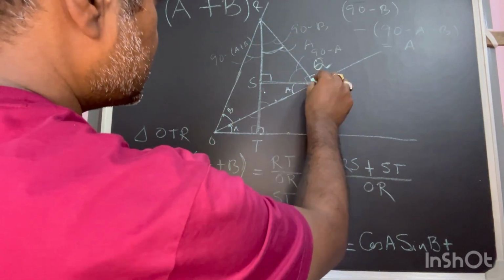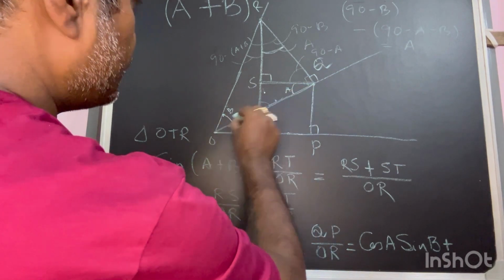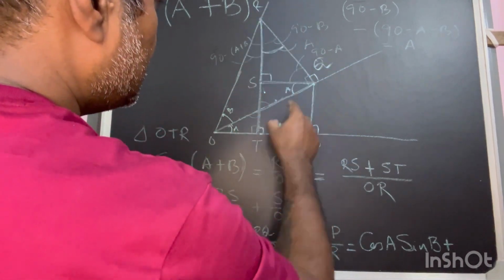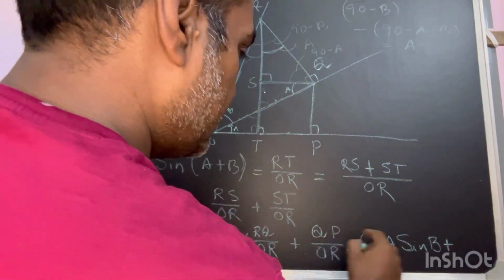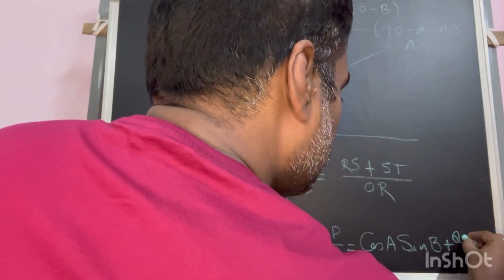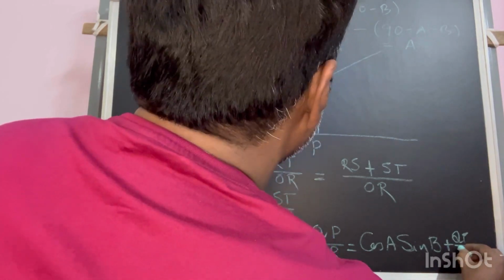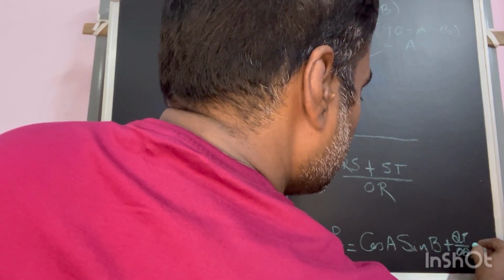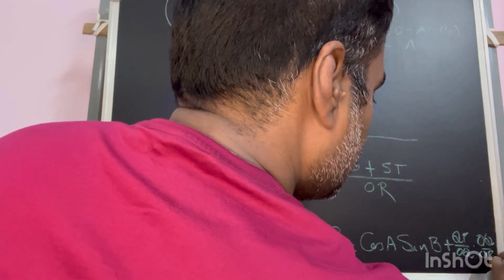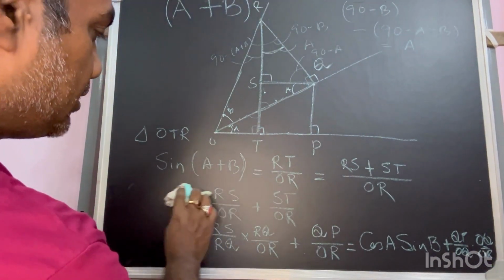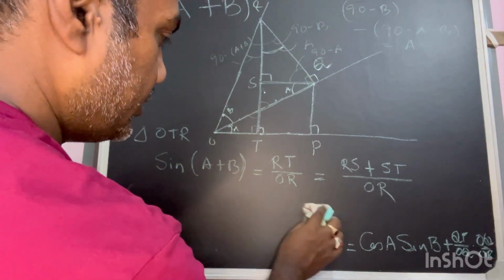This side is common for both this and this. So I can bring OQ here. If I want to bring OQ here, QP by OQ I am bringing into OQ by OR has to be there.